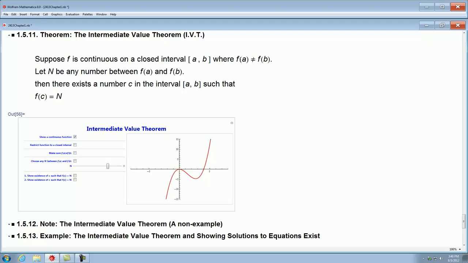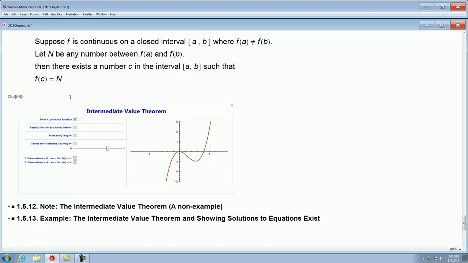That just means that the value of the function at the two endpoints is not the same. Also, the function was continuous on the entire interval. That means continuous at every point there. Let n be any number between f of a and f of b. Then there exists a number c in the interval [a, b] such that f of c equals n.